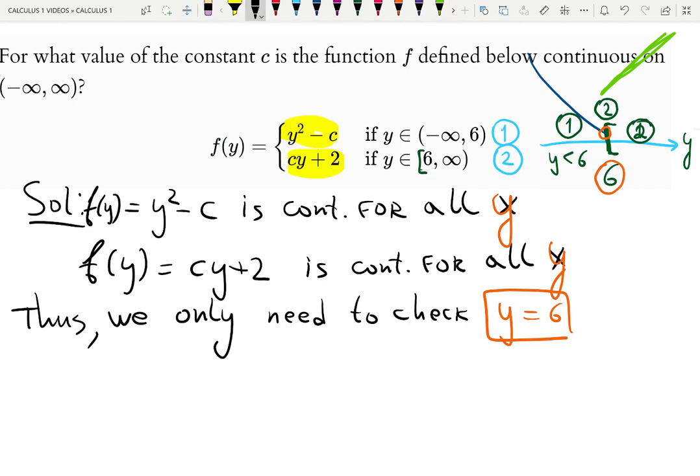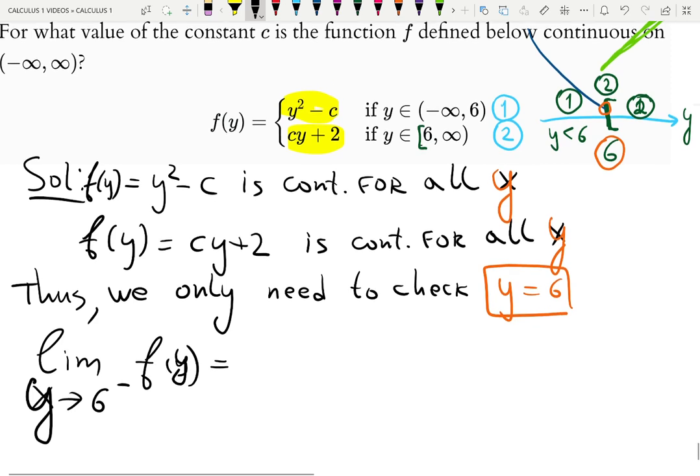To check that, as you have guessed, I hope, you need to figure out limits. What is happening when the input of this function, which is not x, by the way, I will be doing it probably for the whole video, approaches 6 from the left, f of y equals what?